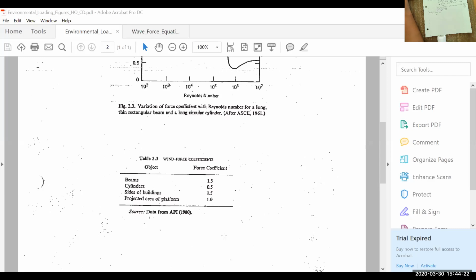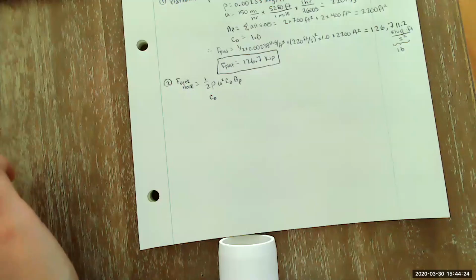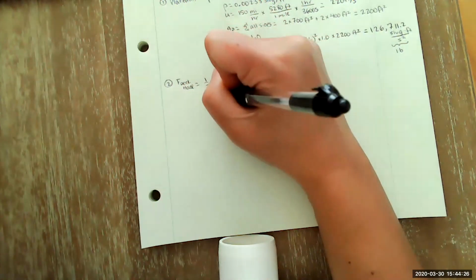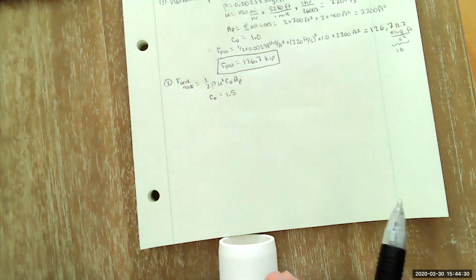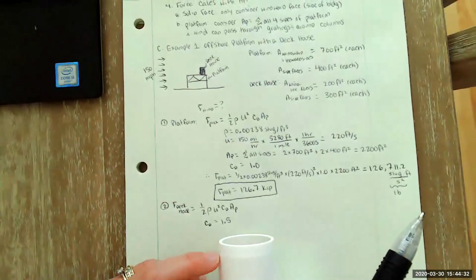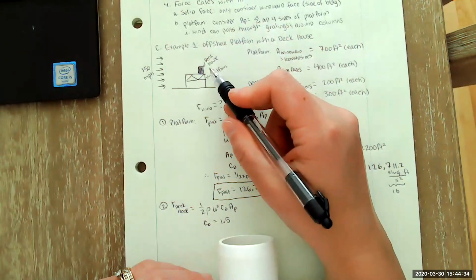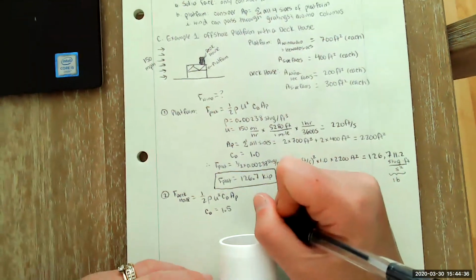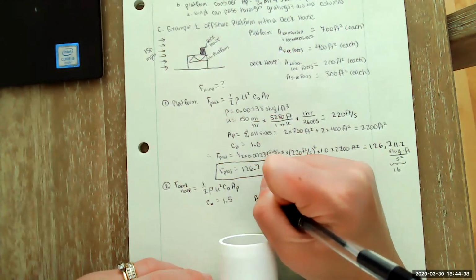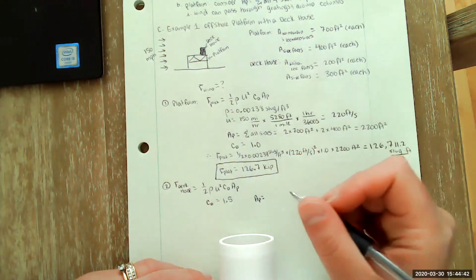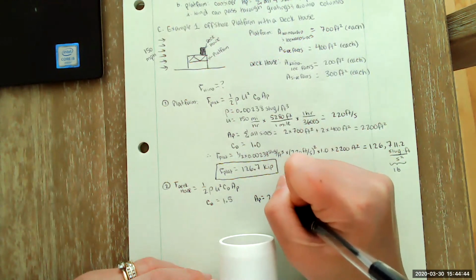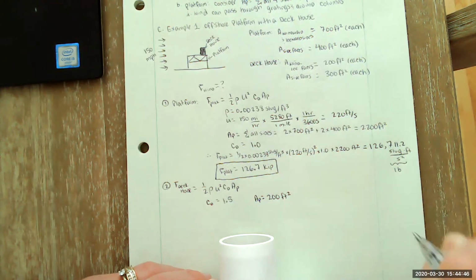So I can just jot that down for my drag coefficient for this deck house. And remember, since I have a solid deck house, the projected area is equal to the windward face area only. So my projected area here is going to equal 200 feet squared.